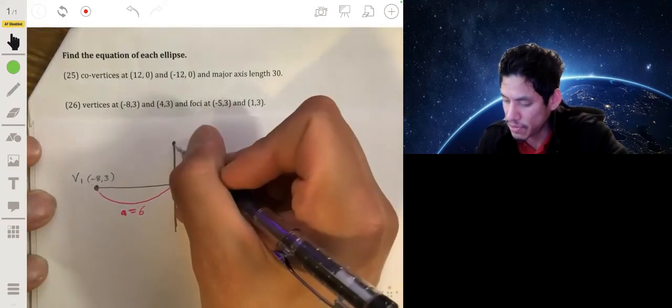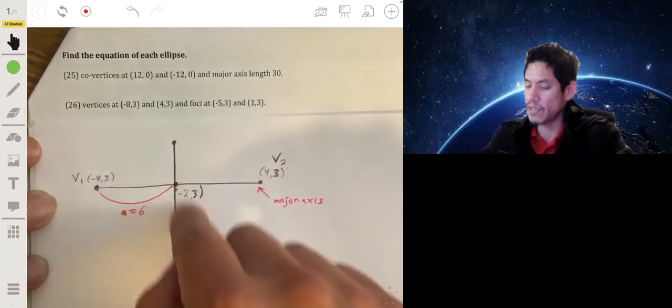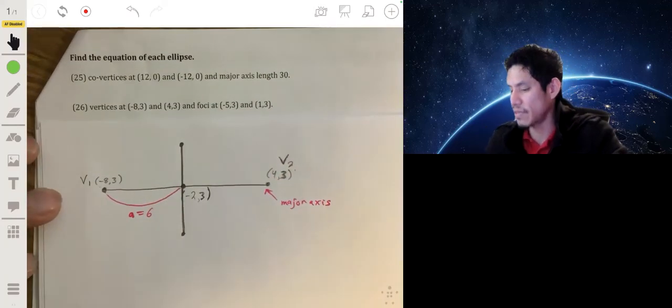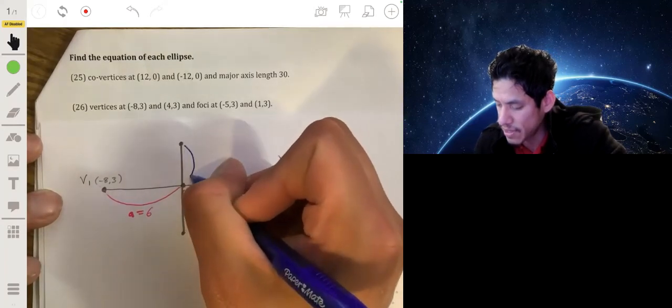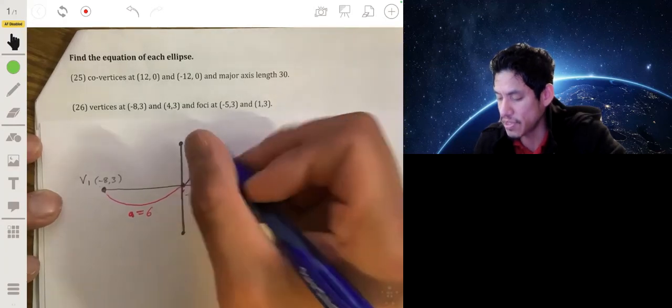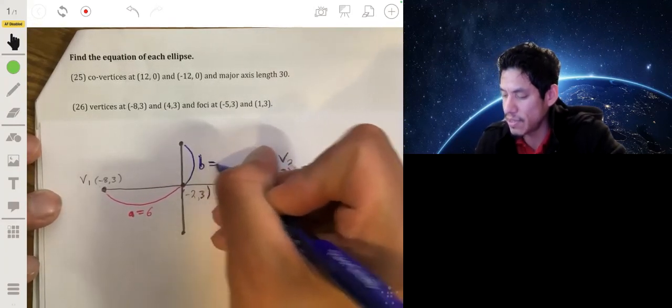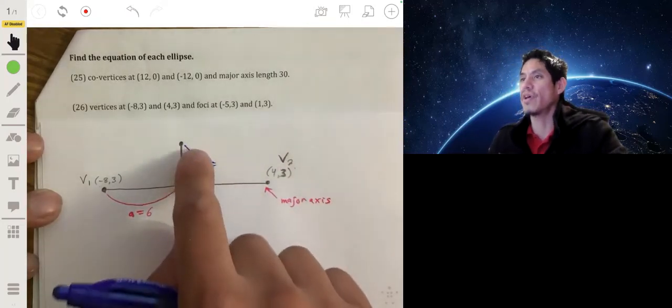So we need to figure out where the top and bottom co-vertices are going to be. Since this is our smaller axis, the distance from the center to a co-vertex is equal to b. So we need to figure out what the value of b is to know where the co-vertices are.